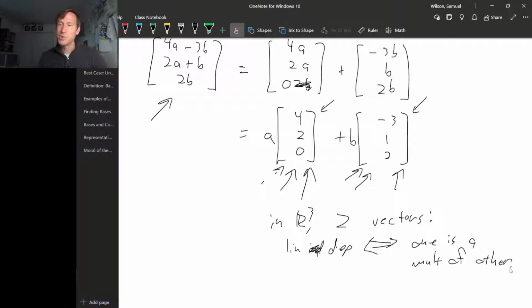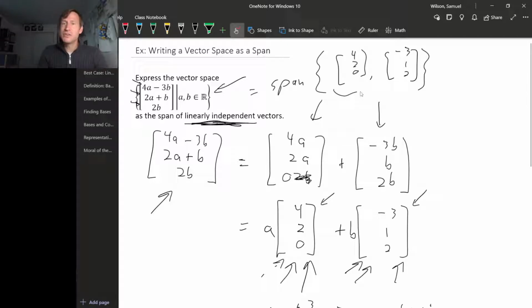If you have more than 2 vectors, things get more complicated, but with only 2 vectors, they're linearly independent as long as one is not a multiple of the other, and these two clearly are not scalar multiples of each other. So these are linearly independent.